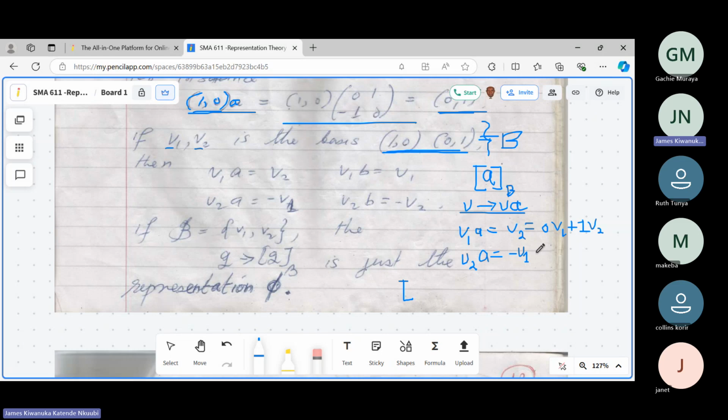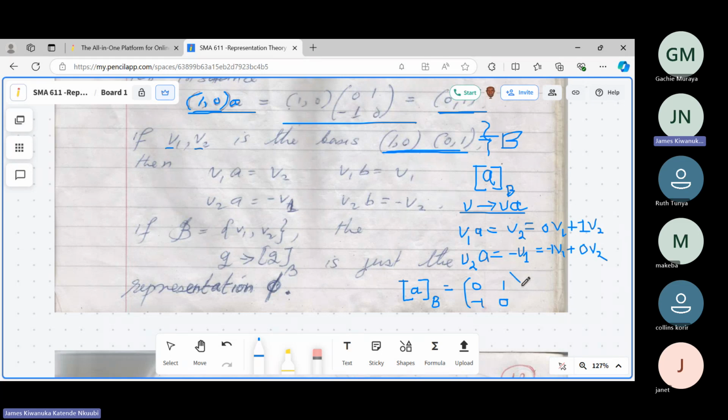And minus v1 can be written as negative 1 multiplied by v1 plus 0 multiplied by v2. So remember this matrix that we are looking for, the matrix for this representation. We had discussed this last time. How do you obtain it? You simply pick the coefficients. That will be 0, 1, then negative 1, 0.